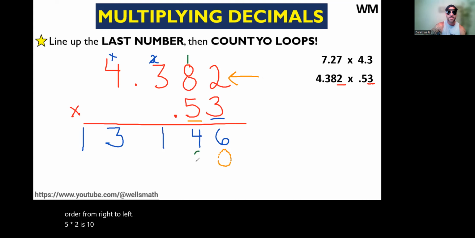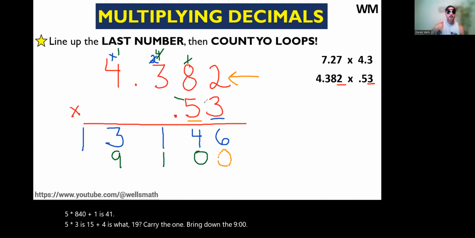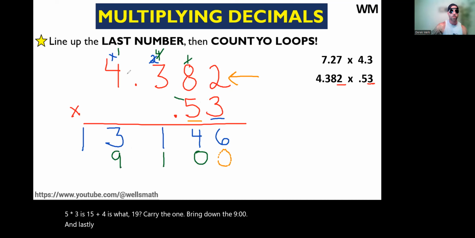Carry the 1, bring down the 0. 5 times 8, 40, plus 1 is 41. 5 times 3 is 15, plus 4 is what? 19. Carry the 1, bring down the 9. And lastly, 5 times 4 is 20, plus 1 is 21. We're going to have to move over for a new place value there.